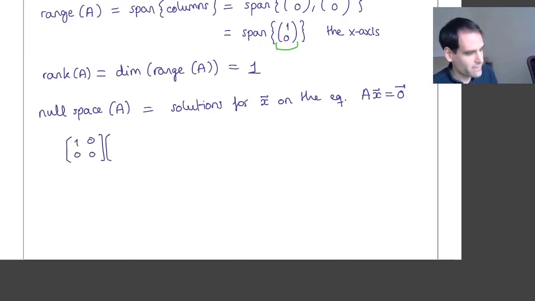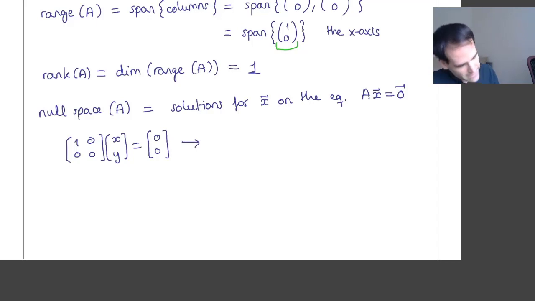So vector x, let's write it as (x, y). It's just the two coordinates of vector x, and this is equal to (0, 0). So this is nothing more and nothing less than a system of two equations with two unknowns. And the two equations are x equals 0 and 0 equals 0. Those are the two equations. And the two unknowns were x and y.